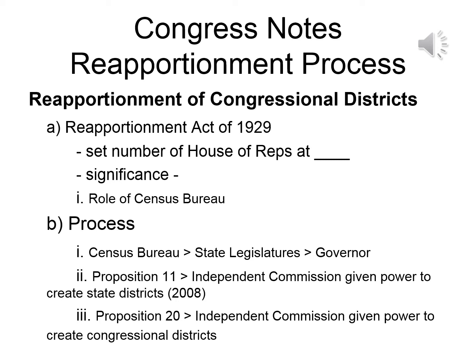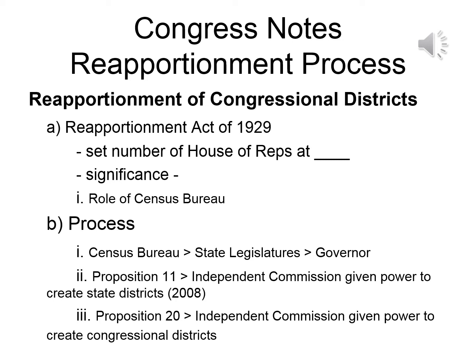Remember gerrymandering, carving up district lines to favor the dominant political party. So in 2008, an initiative was passed that decided to create an independent commission. Now, this independent commission would only be used to draw state legislative districts.